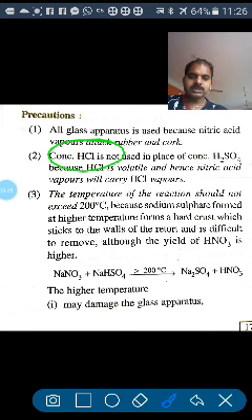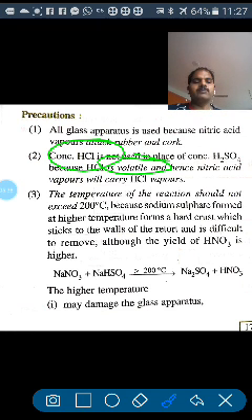The cause is the volatility of hydrochloric acid. Hydrochloric acid will eventually react with sodium nitrate or potassium nitrate, but in this case hydrogen chloride will also come out along with nitric acid. So we cannot use hydrochloric acid for the preparation of nitric acid.